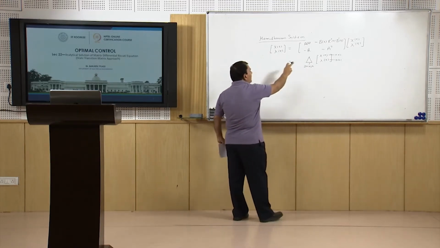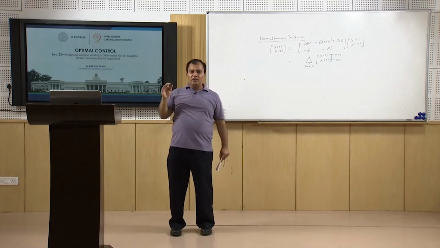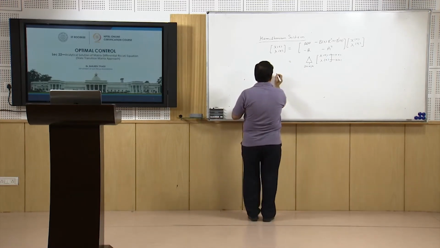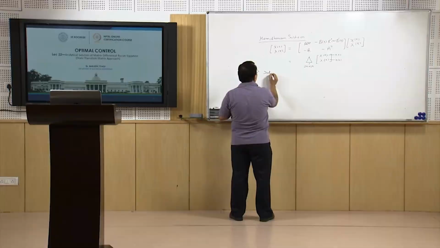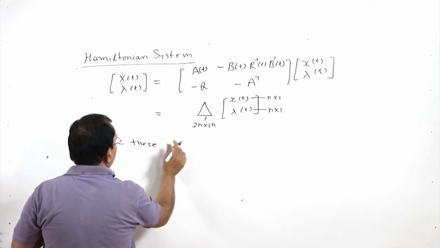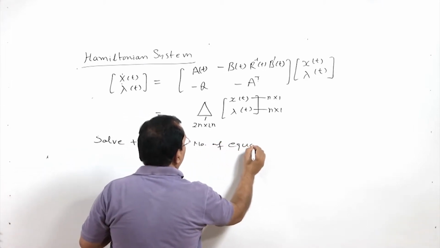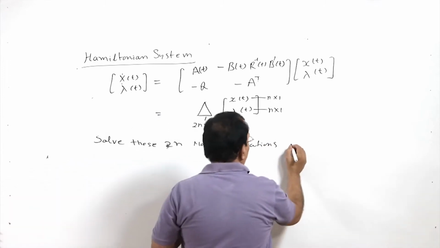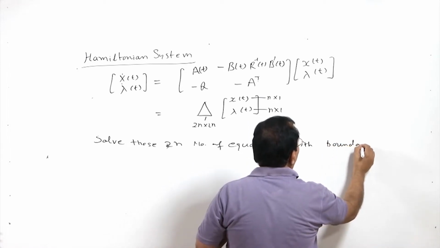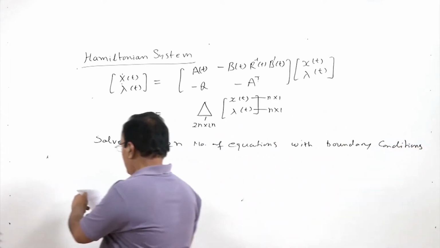So, this is a set of 2n first order differential equations which we have to solve, subject to the boundary conditions. What conditions do we have?